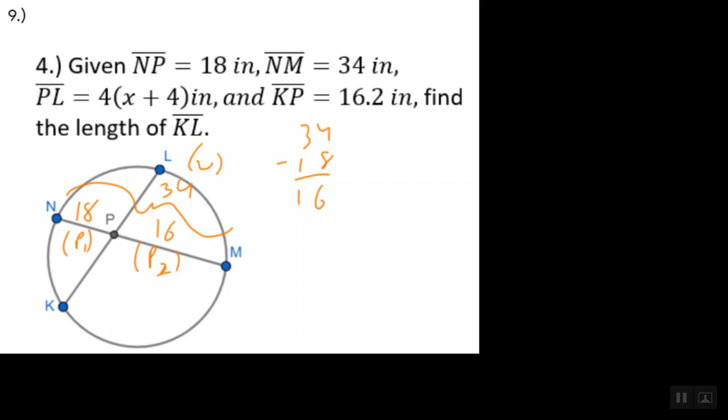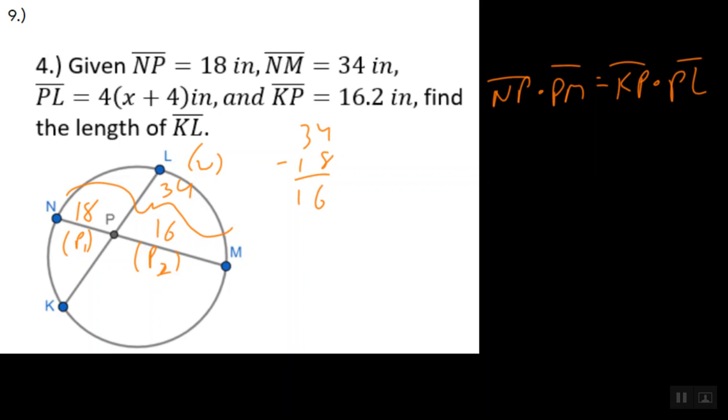So let's first start out with our formula statement. We know that NP times PM is equal to, in this case, KP times PL. So remember, whenever you have two chords intersecting inside a circle, it's part times part is equal to part times part.